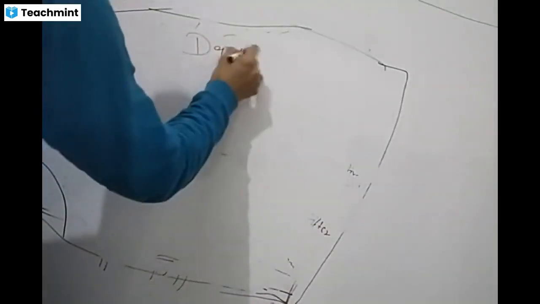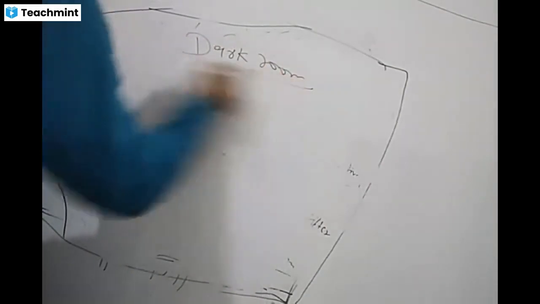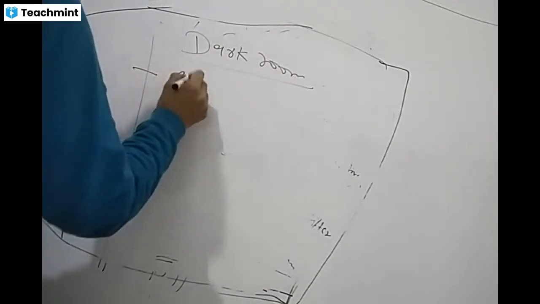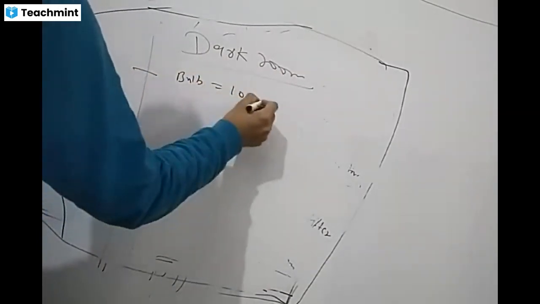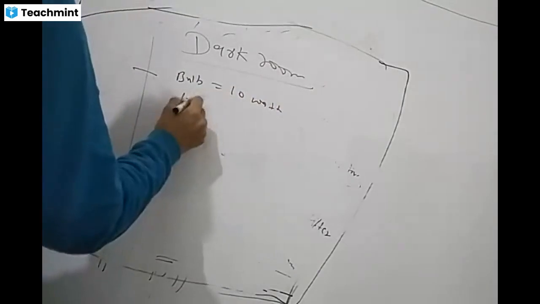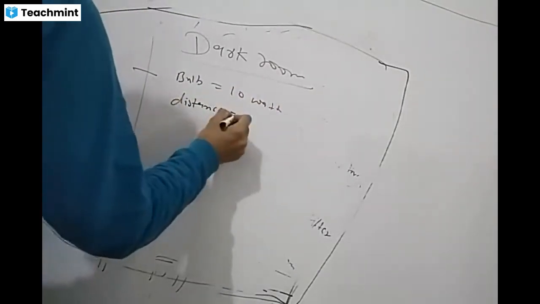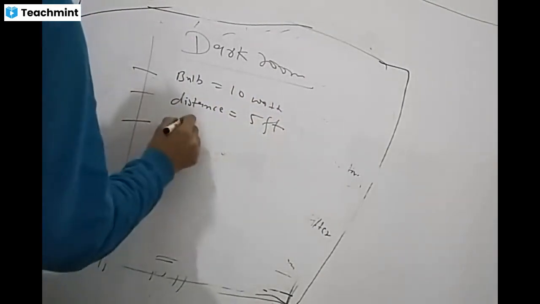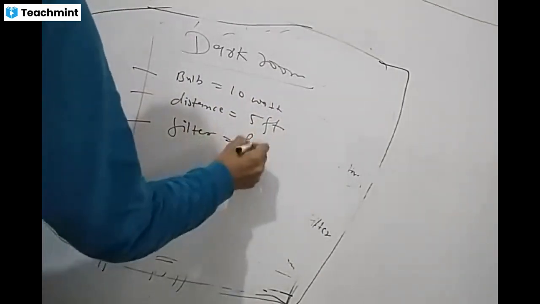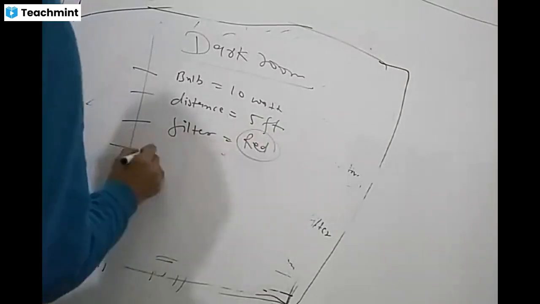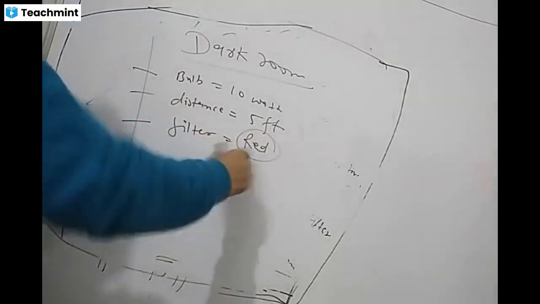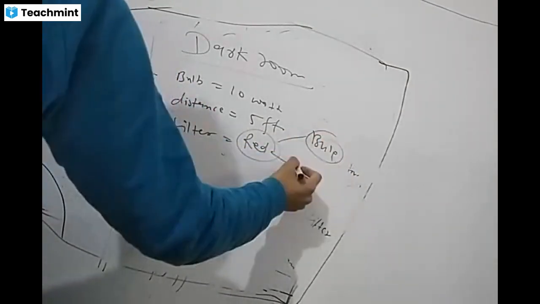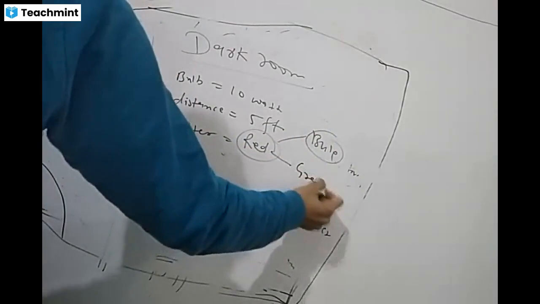So remember about the dark room, these points. The first point was the bulb, 10 watt. The distance of the bulb from the working surface, 5 feet. Third point, filter. If you want to remember only one, then remember the red filter. We can use it with both blue sensitive film and green also.